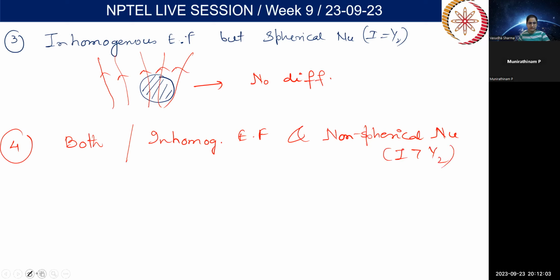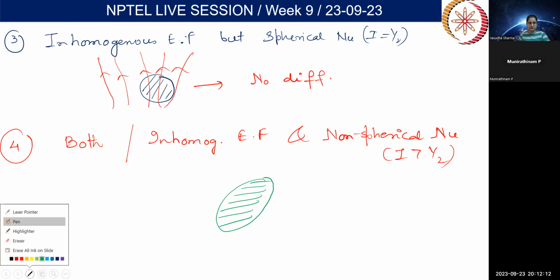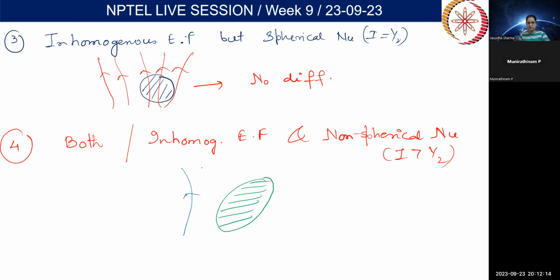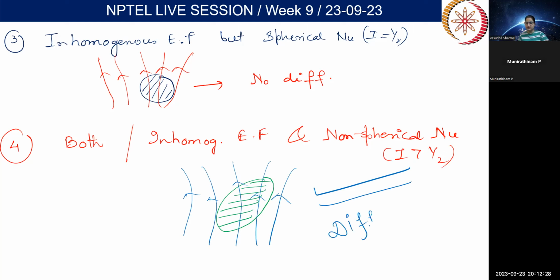So in this particular case, if I draw, here is my inhomogeneous electric field, that nucleus is this one, and my field is also inhomogeneous. It is not distributed properly. There would be a gradient. So in this case, depending upon the different kind of nucleus, I am going to see a difference. Some difference in the peaks, and splitting would occur.